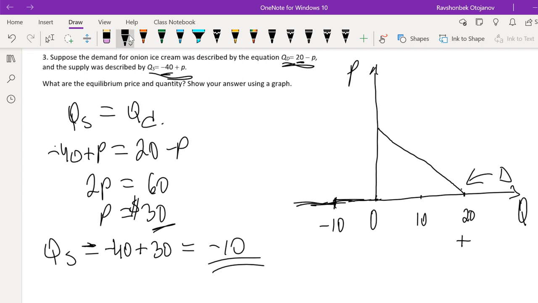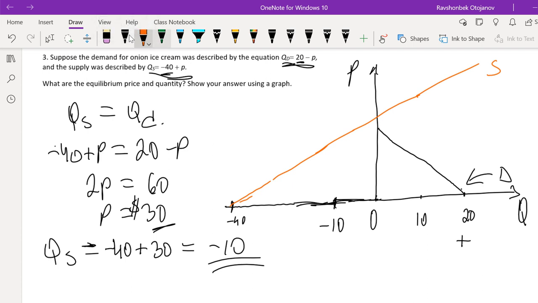Now supply has an intercept of minus 40 on the quantity axis, so the intercept would be somewhere here, in this quadrant. If you were to draw the supply line, it would have to be something like that. This is supply.